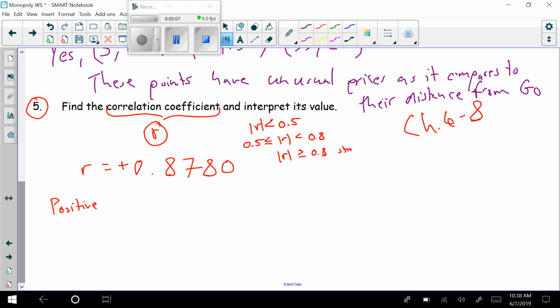This is strong. This would be moderate. And then this would be weak. So when I look at this one, the absolute value of 0.8780 lands me in this strong.